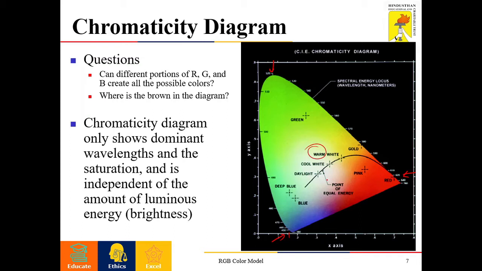If so, where is the brown in this diagram? Hence, it is not possible to produce all color shades simply by combining these three primary colors. The chromaticity diagram only shows dominant wavelengths and saturation, and it is independent of the amount of luminous energy, that is brightness. It has a two-dimensional structure.